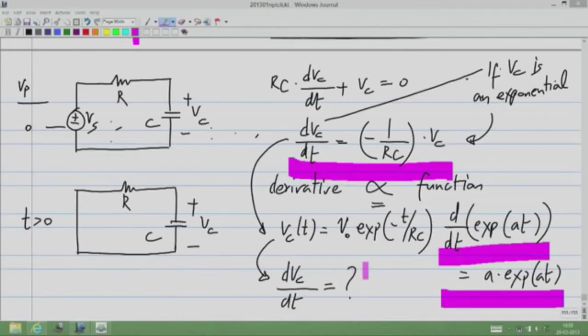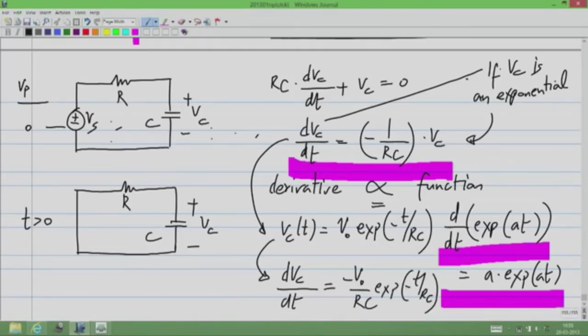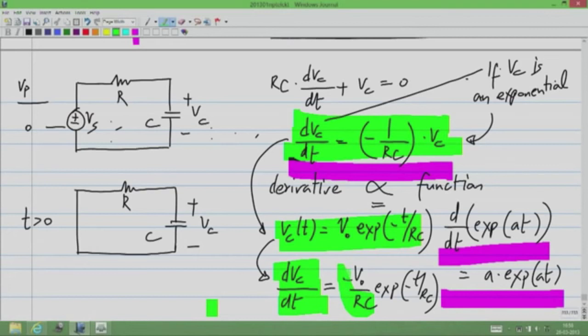Clearly, this is minus V0 by Rc exponential minus t by Rc. So you can see by inspection that this will satisfy this equation, because the derivative is minus 1 by Rc times the rest of it, which is the function itself.